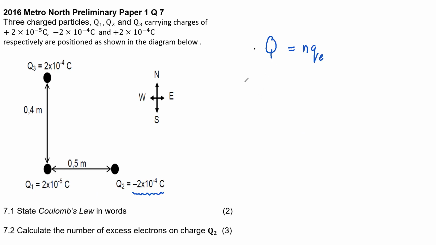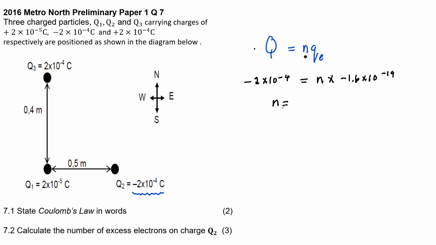The charge on Q2, -2 times 10 to the power -4, is equal to N, which is the number of electrons in excess, which I don't know and which is what I'm looking for, multiplied by the charge Qe of 1 electron, which is -1.6 times 10 to the power -19. Then you can divide -2 times 10 to the power -4 by -1.6 times 10 to the power -19.